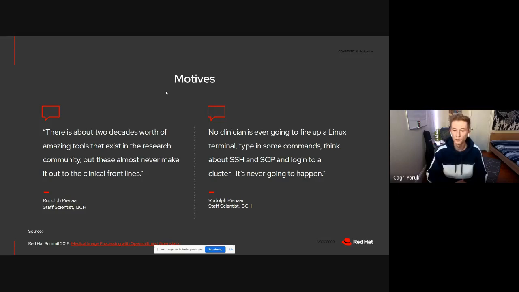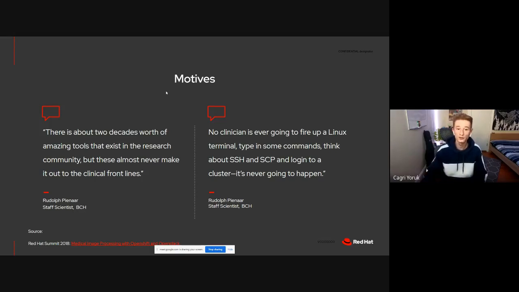And it's because no clinician is ever going to fire up a Linux terminal, type in some commands, think about SSH and SCP, and log into a cluster. And from this quote, we can see that the majority of the clinicians don't have this technological background to do advanced machine learning algorithms, type some commands, write some scripts, and so on. So I believe these two quotes really indicate the ChRIS motives.